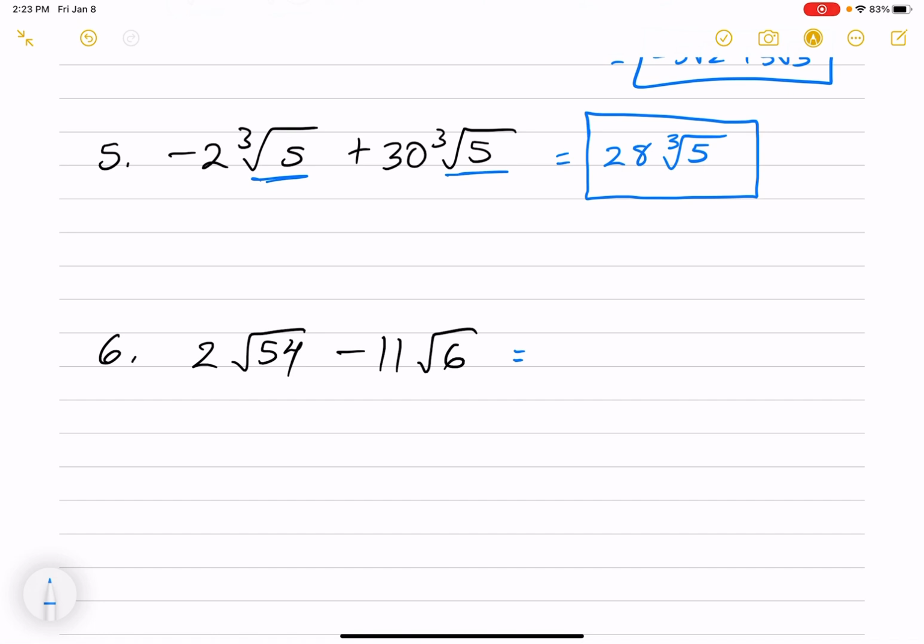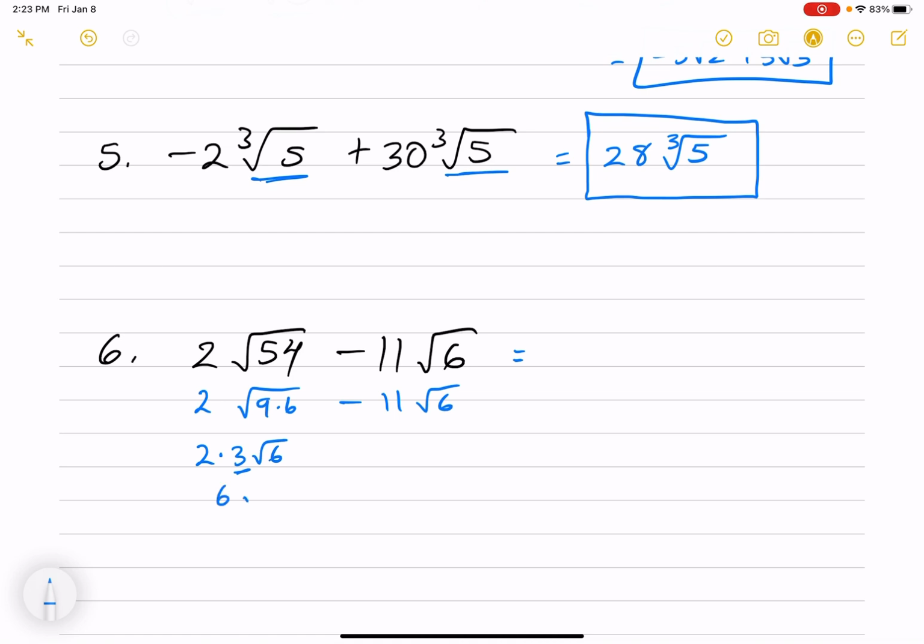To do the next one, we can't do exactly the same thing because we don't have the square root of 6 or the square root of 54 on both of them. But I do know that 54 is the same thing as 9 times 6. And by a property of square roots, this is really 2 times 3 square root of 6, because the square root of 9 is 3.